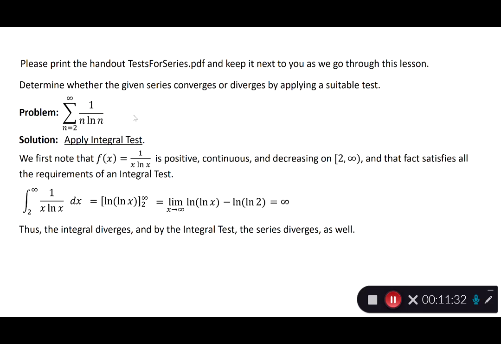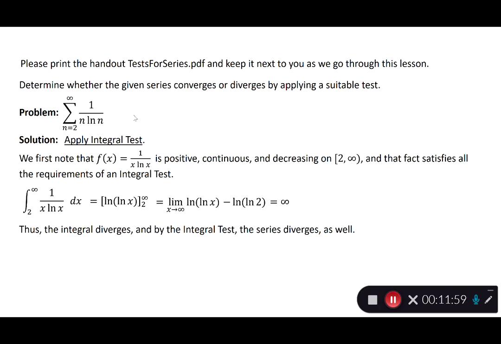Imagine the ramification of that. This series will diverge even more slowly than the harmonic series itself. We already established that the harmonic series diverges ridiculously slowly. And this one apparently diverges even slower than that. Right?